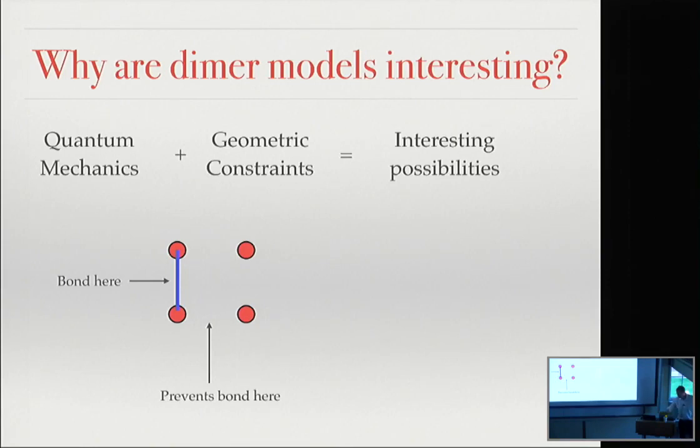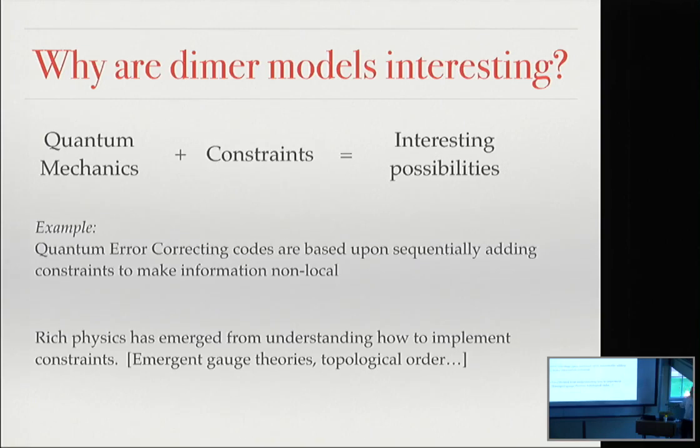Okay. And I don't know if this is going to resonate with everyone, but one way I like to think about how adding constraints makes rich physics with quantum mechanics is thinking about some quantum computing things, about stabilizer codes, error correcting codes, where essentially you take some bunch of spin 1/2 and you add constraints, and lo and behold, you add enough constraints, you get your information delocalized, and it's protected from any local thing you could do to it.